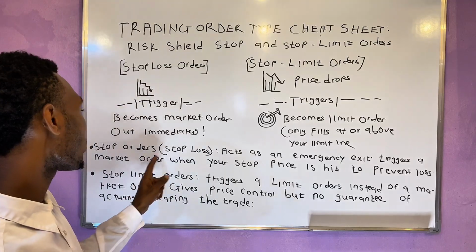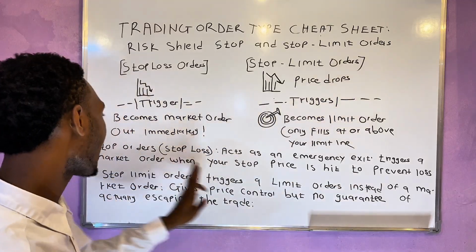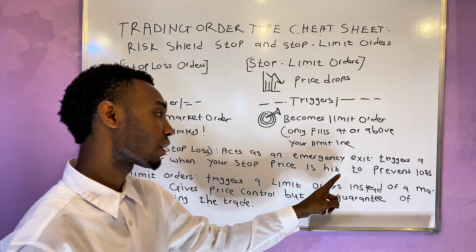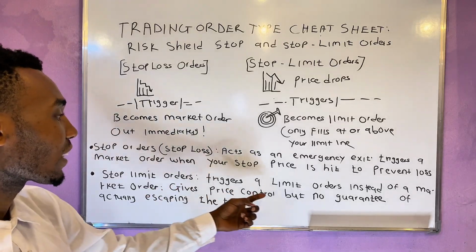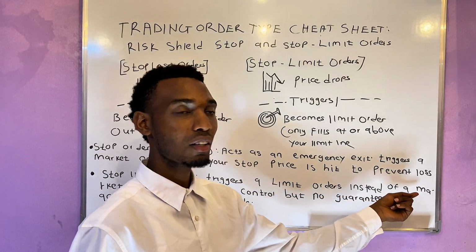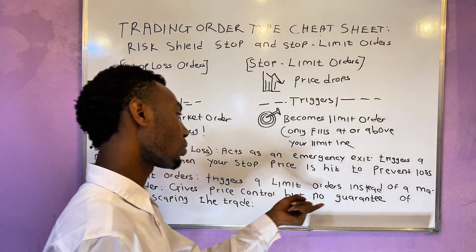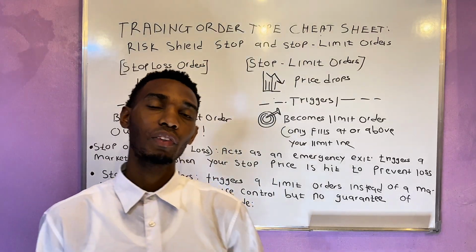Stop orders act as an emergency exit, triggering a market order when your stop price is hit to prevent loss. Stop limit orders trigger a limit order instead of a market order, which gives price control but no guarantee of actually escaping the trade.